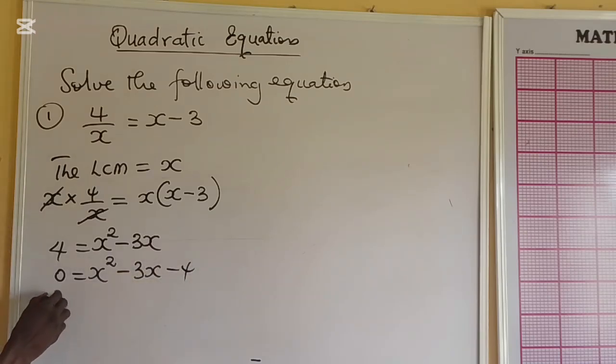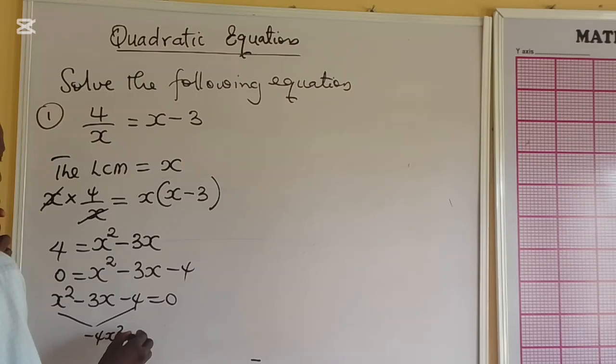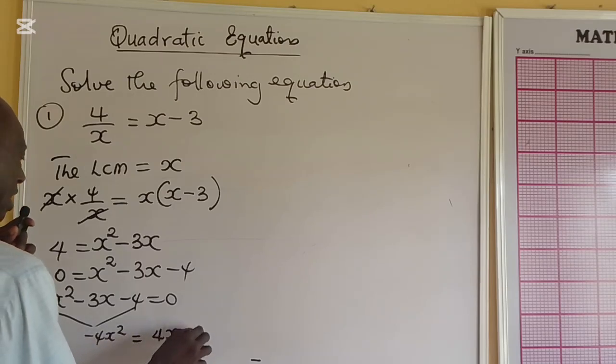So I can say x raised to the power 2 minus 3x minus 4 is equal to 0. Let's compare these two things to give us minus 4x squared. We get the product of those numbers, which gives us minus 4x and x.